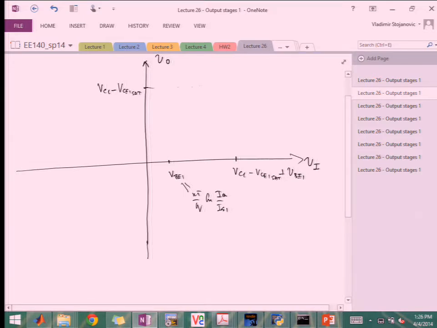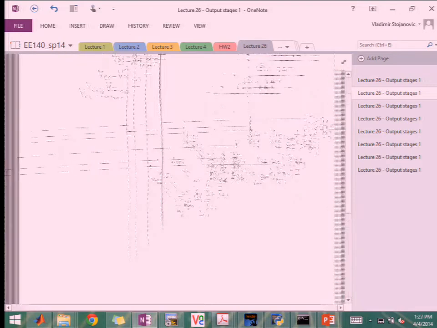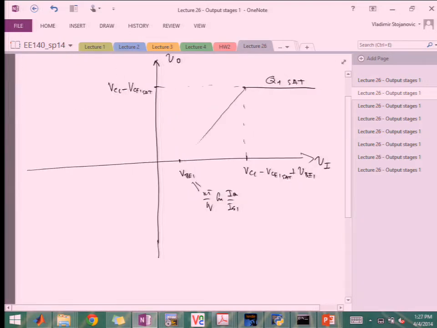Okay. So this was the voltage here. After this point, Q1 goes into saturation. So you're very sharply cut off over there. Okay, I can't draw straight lines. Okay. So that's what happens on the positive side.